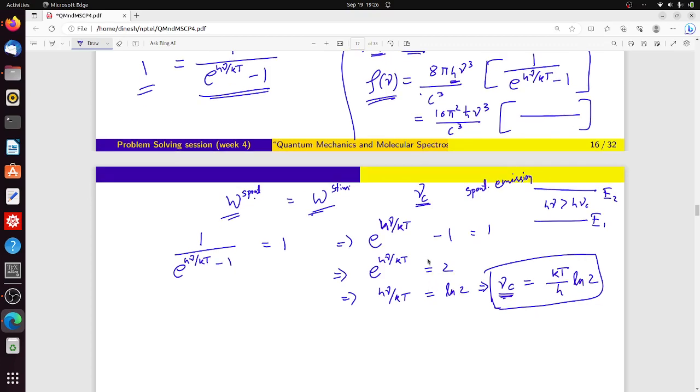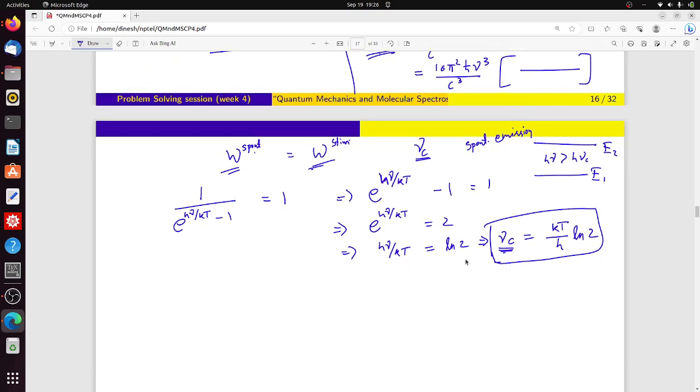So we got some critical frequency above which, if we have the energy separation, if nu is greater than nu c, then spontaneous emission will dominate.